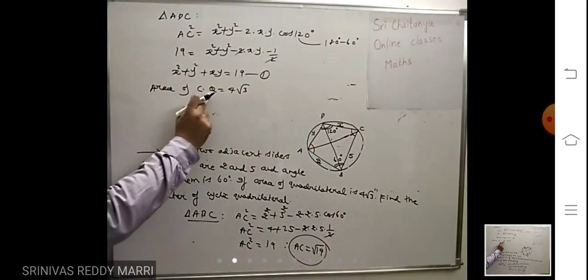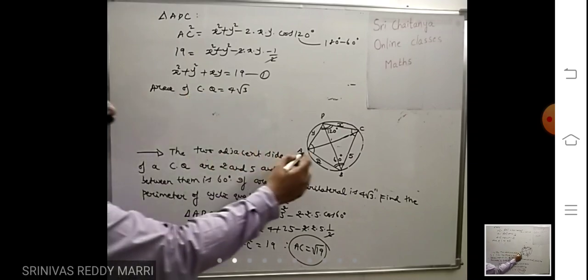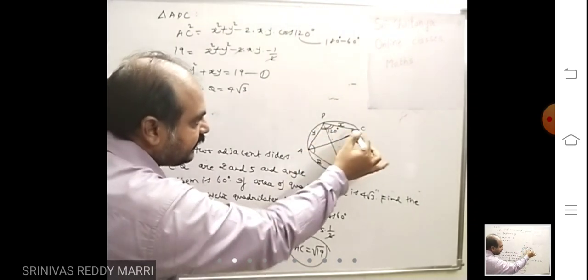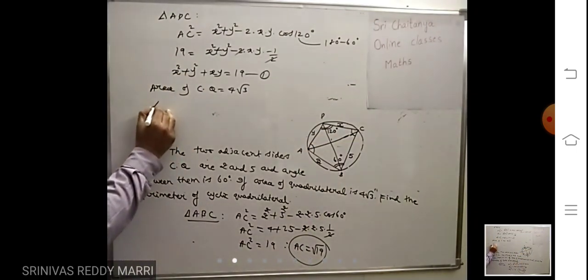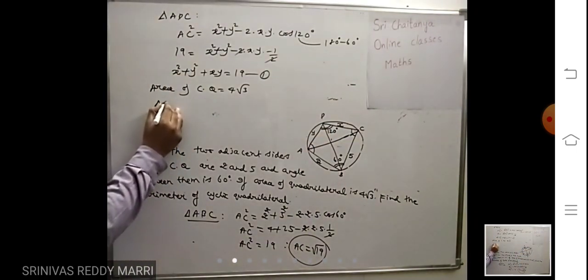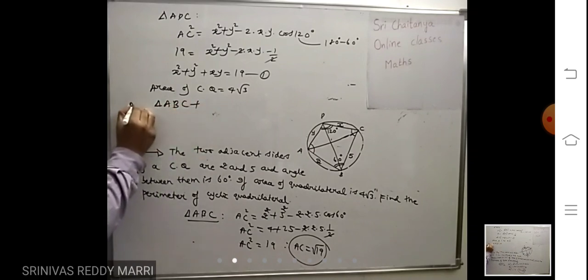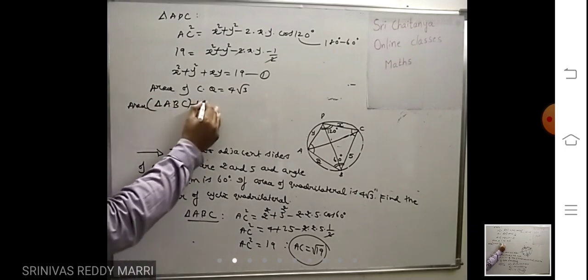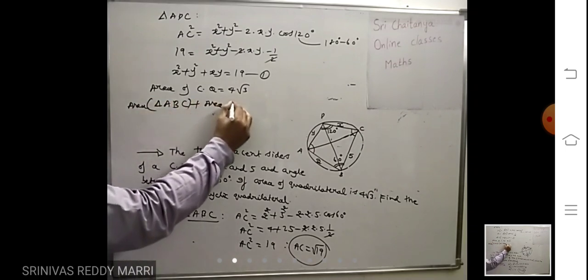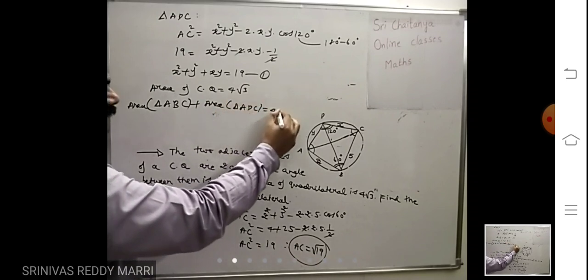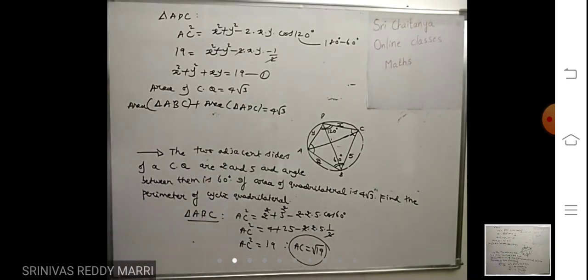Whenever you get the area of the cyclic quadrilateral, that is nothing but area of triangle ABC plus area of triangle ADC, which is 4 root 3.